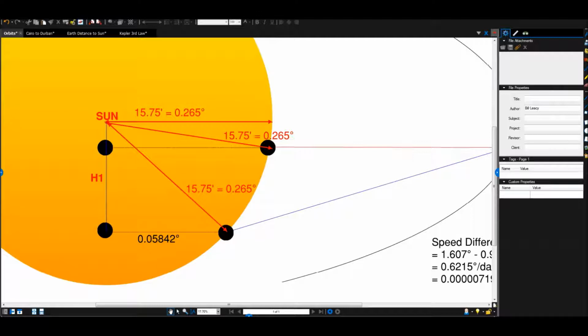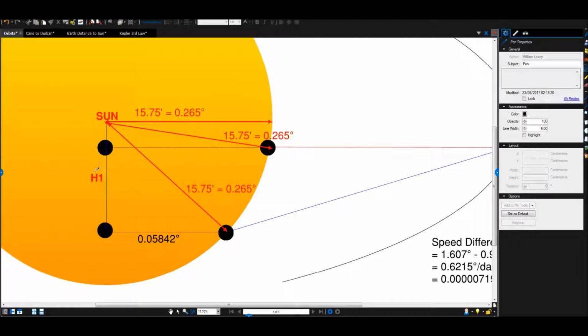So let's get H1 using Pythagoras' theorem, which isn't too difficult. So I've got H1 squared plus 0.05842 squared equals the hypotenuse squared, 0.265 squared. When you do that on your calculator, H1 equals what?